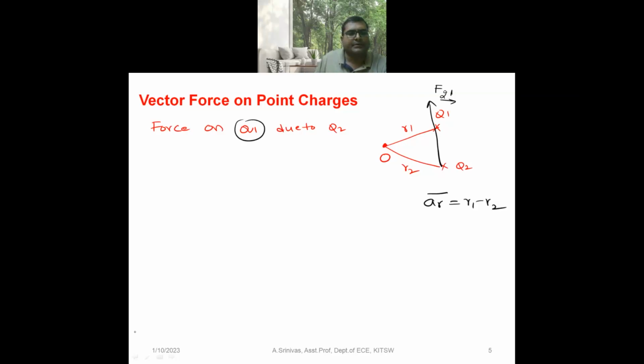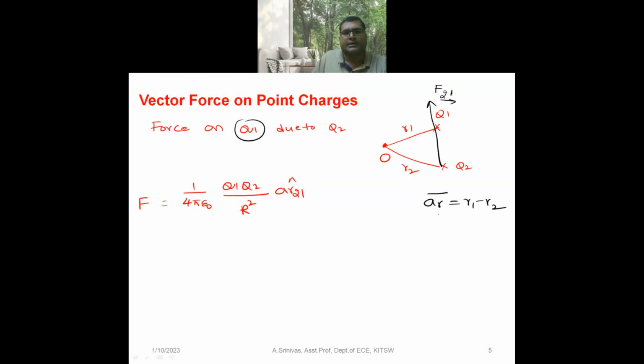Now the force equation: F is equal to 1 by 4 pi epsilon naught Q1 Q2 by R square AR21 cap.